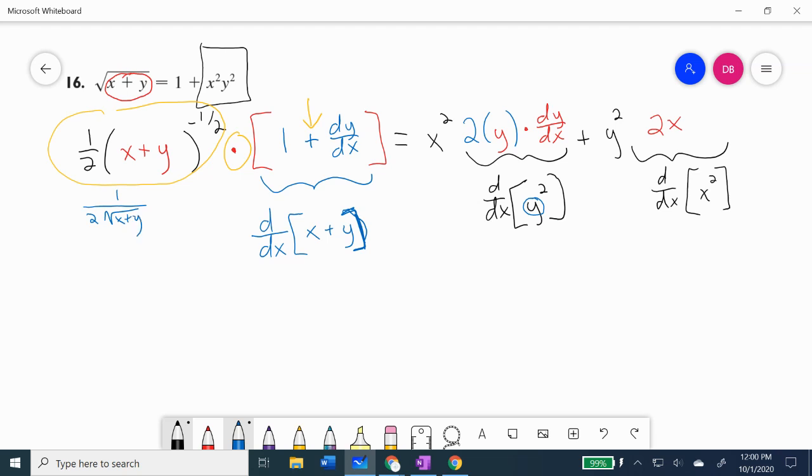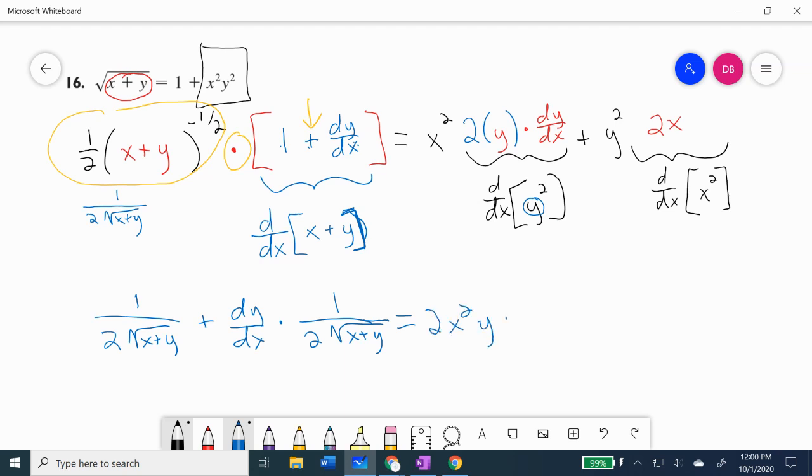So, multiplying that over these two, I get 1 over 2 root x plus y plus dy dx multiplied by that 1 over 2 root x plus y. On the other side, I'm just going to rewrite it 2x squared y times dy dx plus 2x times y squared.